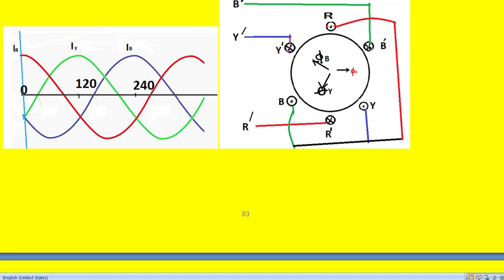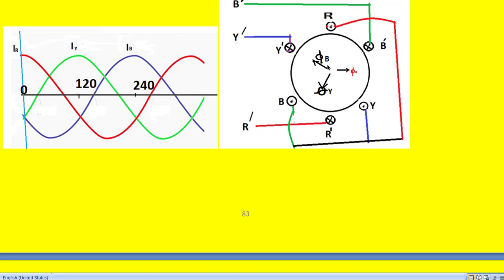Here the current is going into the paper, so put the fingers of the right hand into the paper and curl them, then the thumb indicates the direction of the flux produced by the current flowing in the B phase. So we get it like this. And the negative direction of the flux B will be opposite, whereas this is the positive flux direction.